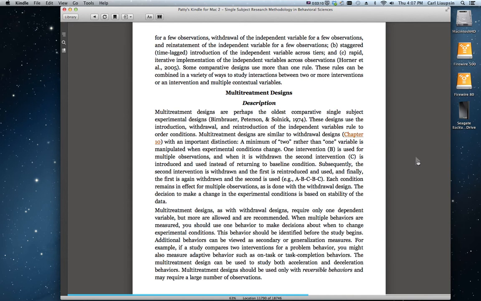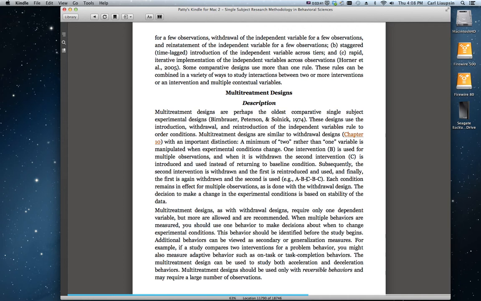So you might have an A condition, baseline. Remember, this is not the fast version, so you have a baseline. You have baseline, the first intervention, the second intervention, you return to the first intervention, you return to the second intervention. There may be times when you need to throw another A in here because you want to compare it to baseline levels.